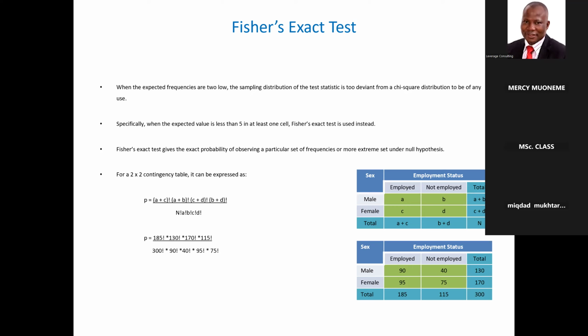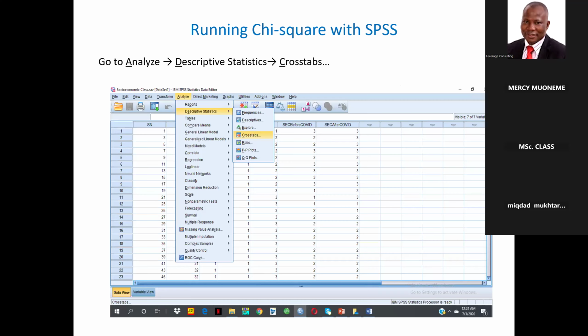We still write the chi-square and its p-value, but we put the extra Fisher exact p for them to know that it's the one that is valid.